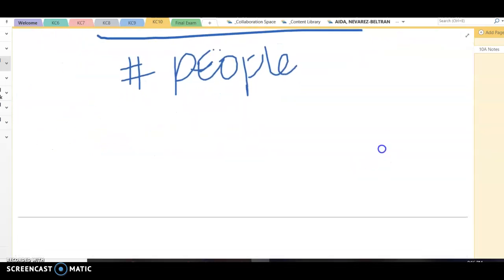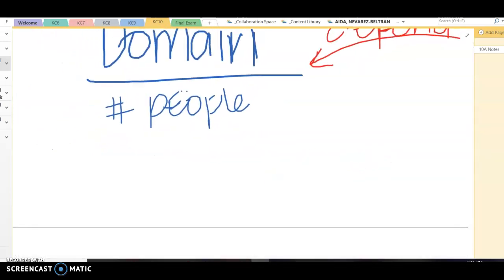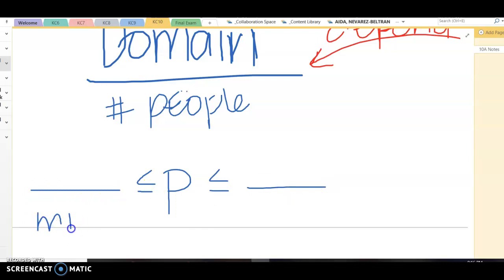Okay, so we're using P again for people. We have to find the domain, so we have to find the minimum number of people that can go and the maximum number of people that can go. The minimum number of people, again in this case, is 0. 0 people could go to a Knicks game, kind of like right now, when nobody can go because nobody's playing basketball.